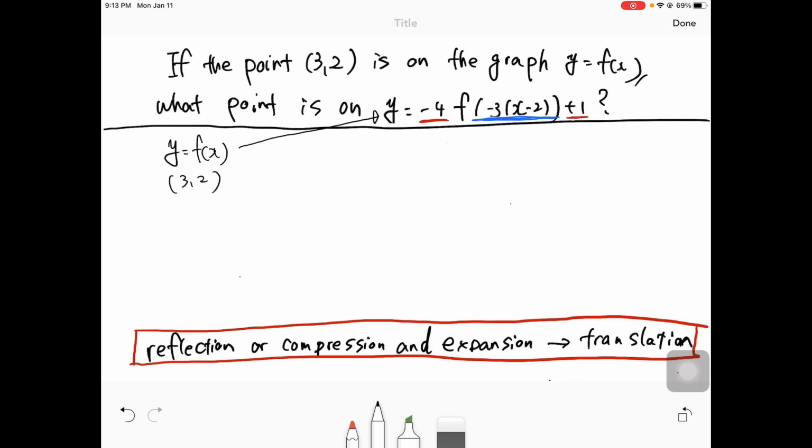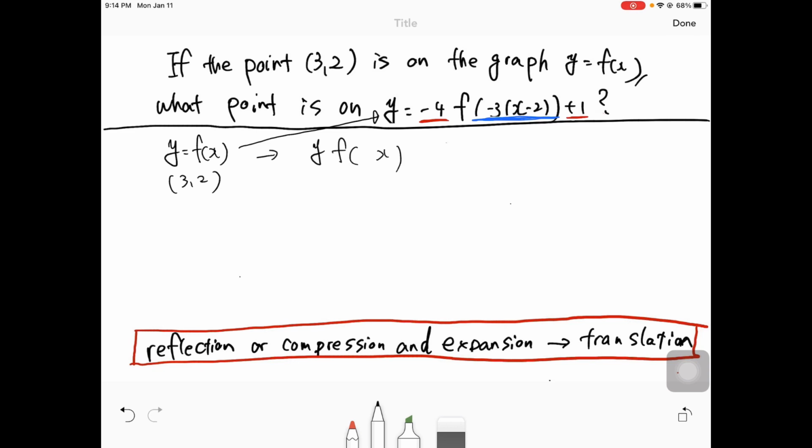So please make sure, in this red rectangle, you start from reflection or compression and expansion, then you do a translation. Okay? So let's start with horizontal transformation.